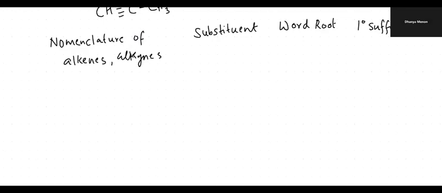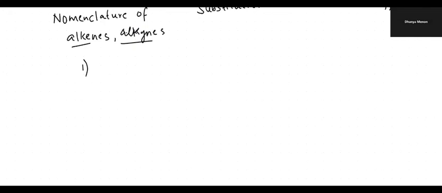So this is our objective for today's lesson, nomenclature of alkenes and alkynes. Okay. So first rule is always the same that we did for alkanes, that is, select the longest carbon-carbon chain.